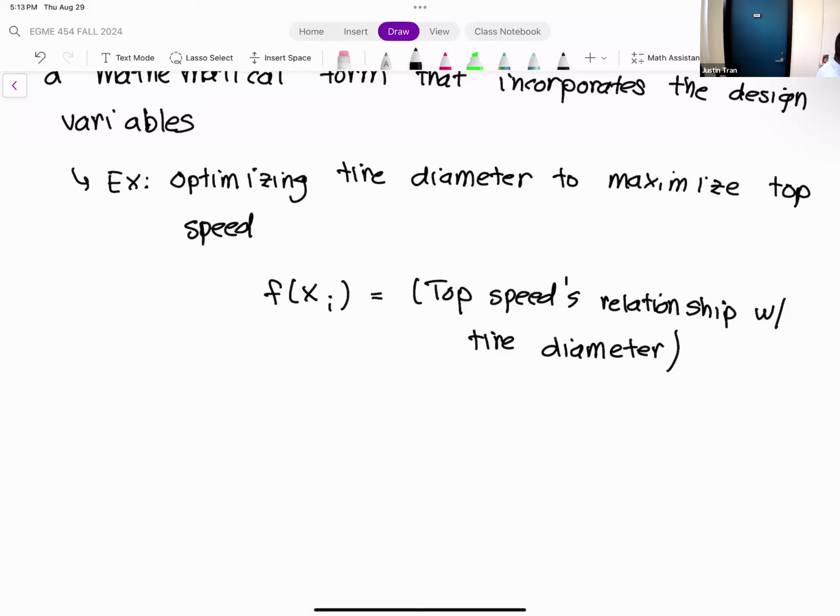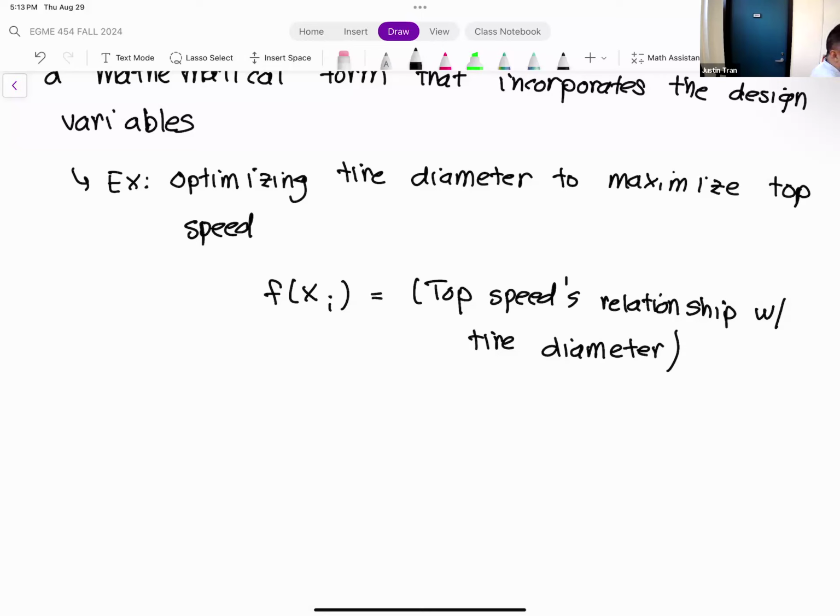If you were to take any car and try to find out what its top speed is as a function of the tire diameter, because if you increase the tire diameter, yeah, it increases traction with the road, but it also increases friction as well. It's going to increase the load on the engine as well. So that relationship is often going to be pretty difficult to get. And oftentimes you actually have to rely on some kind of computational simulation, like finite element simulation.